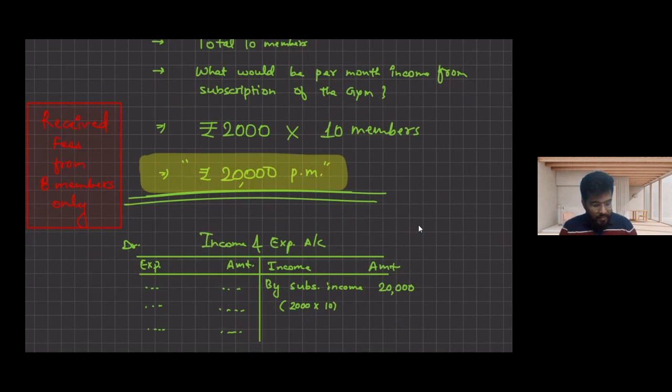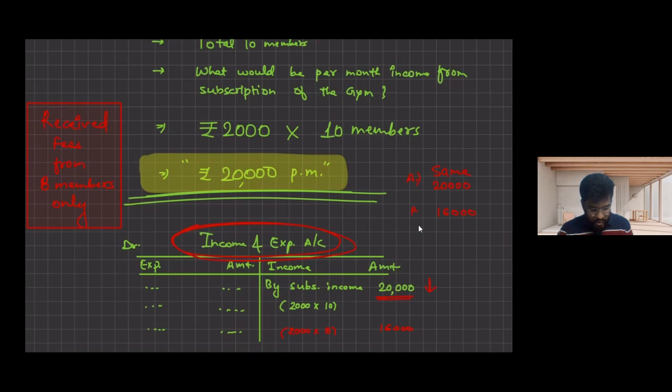In my income and expenditure account, will the subscription income fall down to 2000 rupees into 8, that is 16,000, or will it remain the same? You have two options: it will remain the same, rupees 20,000 only, or it would be 16,000.